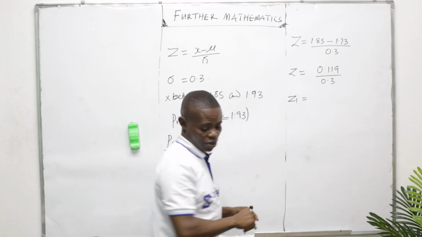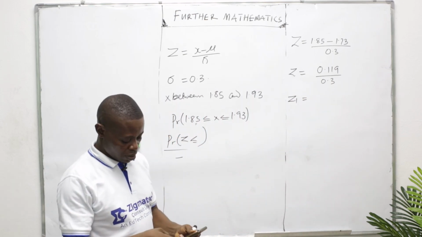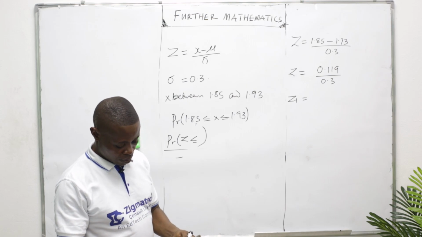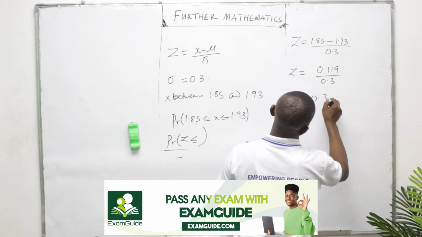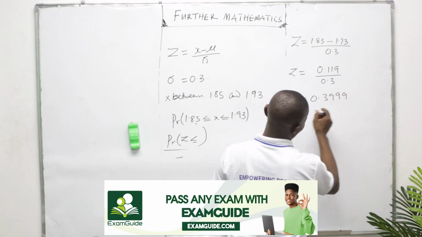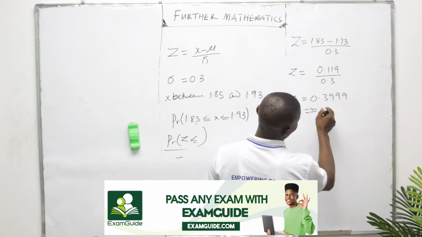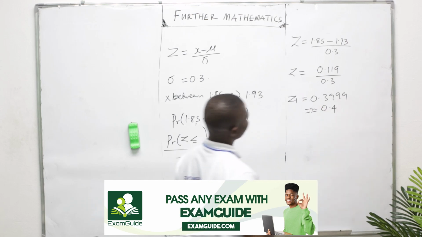Z1 equals 0.3999, which approximately equals 0.4.